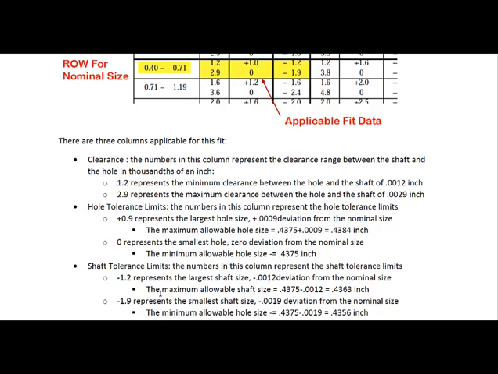Therefore, the maximum allowable shaft size is our basic size, 0.4375, minus 0.0012, or 0.4363. And then the negative 1.9 represents the smallest shaft size, negative 0.0019 deviation from the nominal size. So in this case, it's 0.4375 minus 0.0019, or 0.4356.